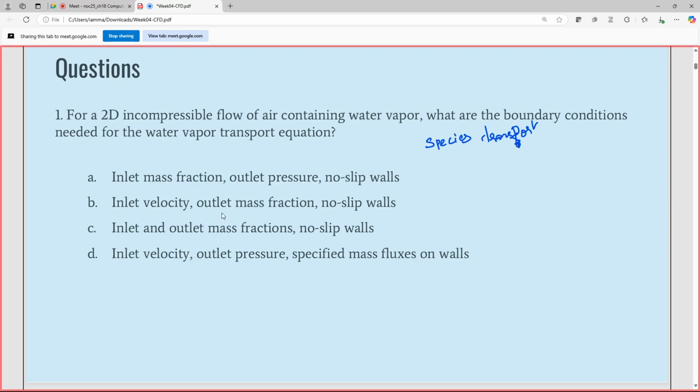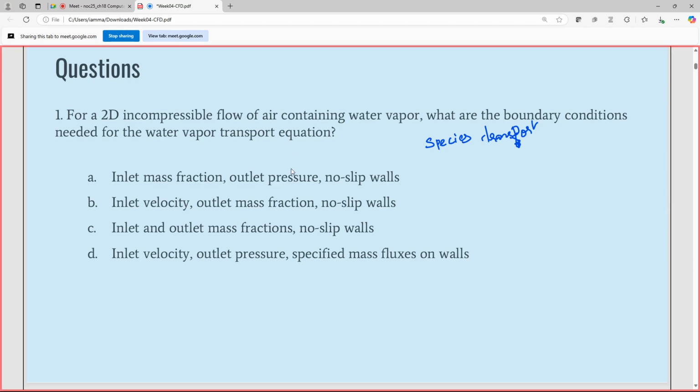Mostly in our CFD of a single species or simple fluid flow, we give the inlet velocity, and the outlet condition may be pressure or gradient of velocity, and no slip walls.